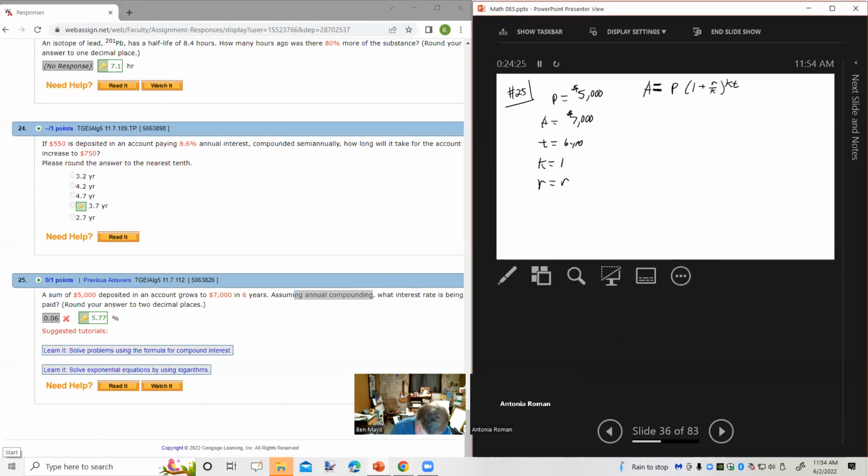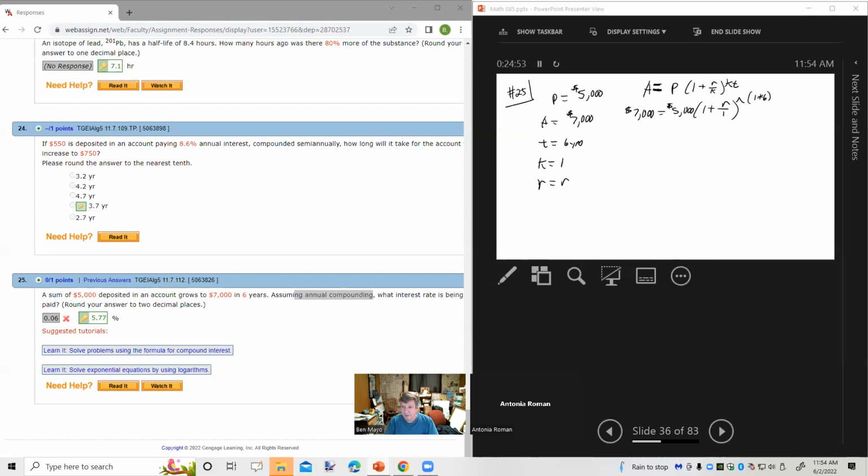So we know the end amount, that's $7,000. We know the starting amount, that's $5,000. 1 plus r, that's our unknown. K is 1. So then that's going to be raised to the 1 times 6 power because t is 6.